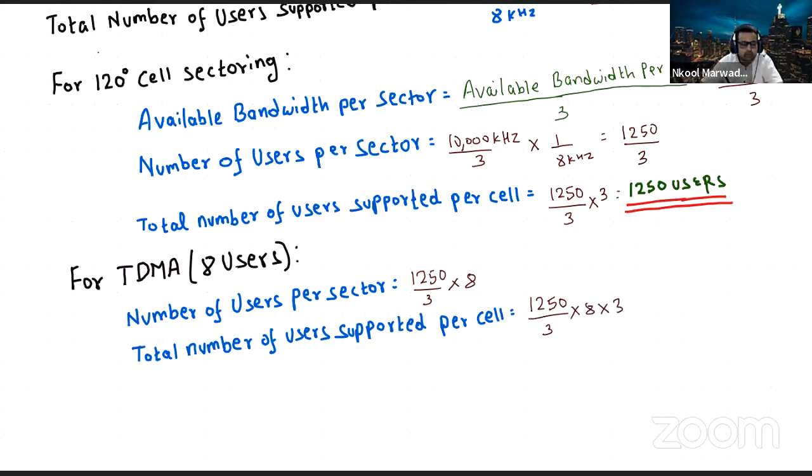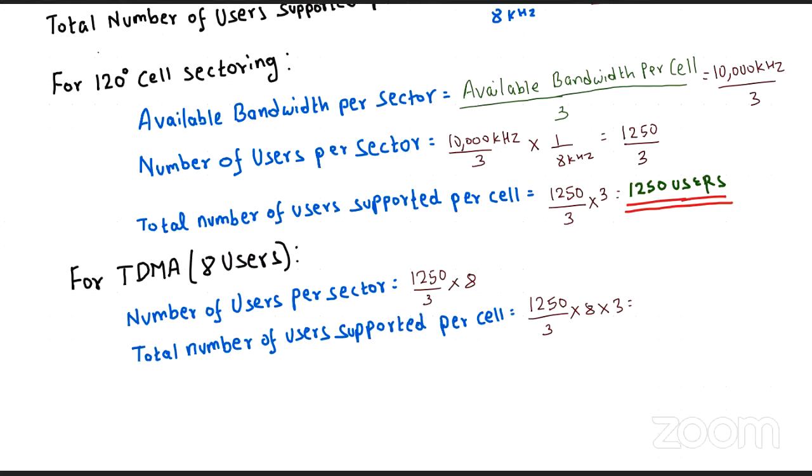So 1250 into 8. We can use the calculator. 1250 times 8 is 10,000.